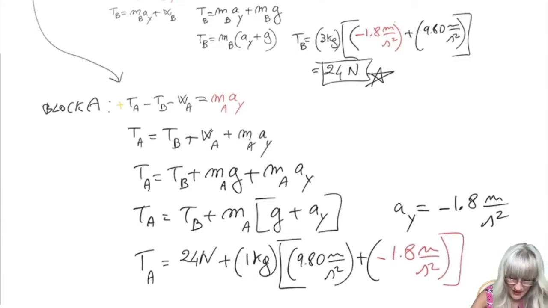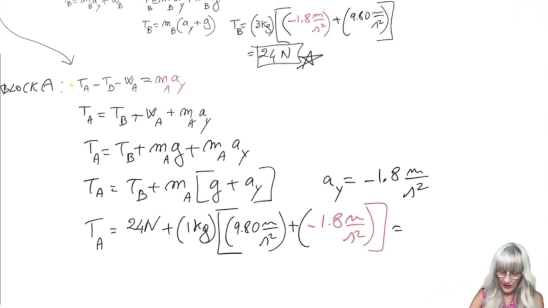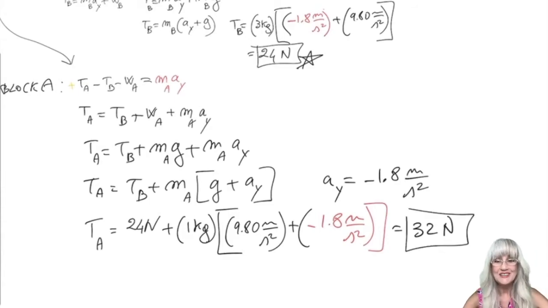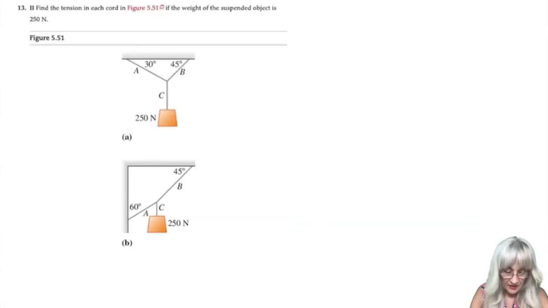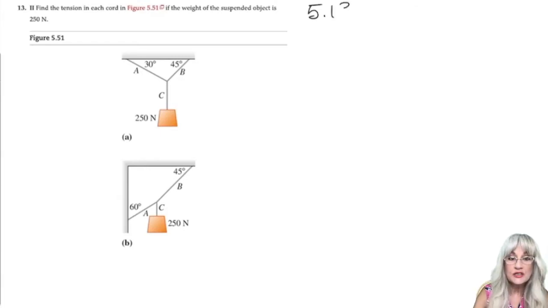So if you do the math, we are almost done. The tension in cable A will come out to be 32 Newton, frame it. Very interesting problem. This is 5.13.